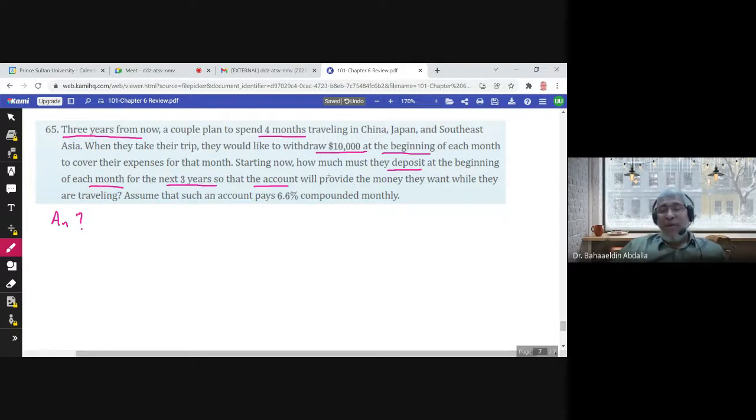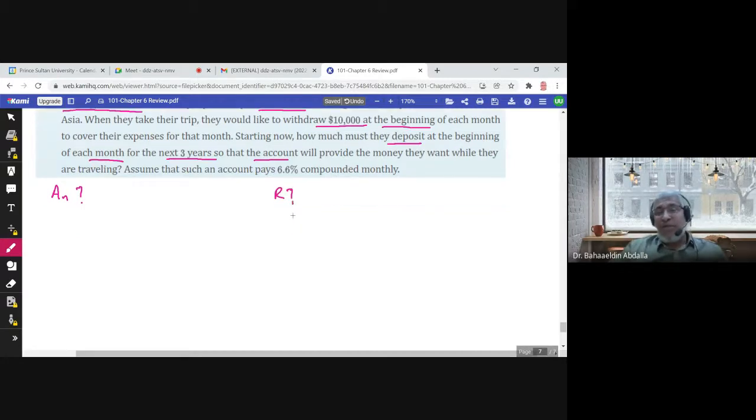So now the money they are going to deposit, this is R, and this is a deposit. So this is an annuity, and we need the future value of this annuity. We know the future value would be AN, the present value.